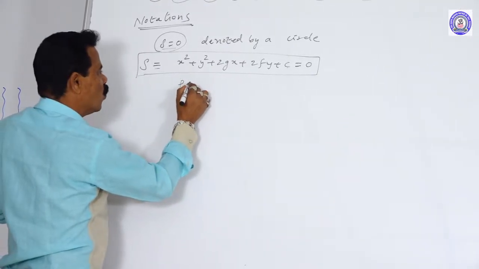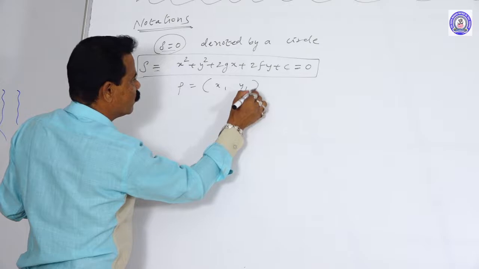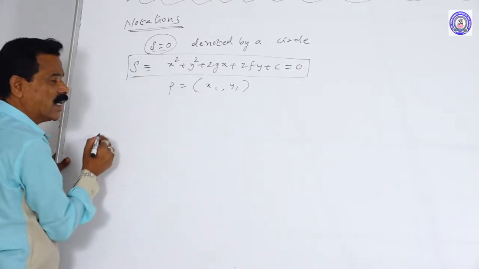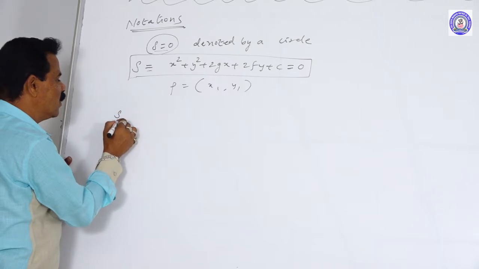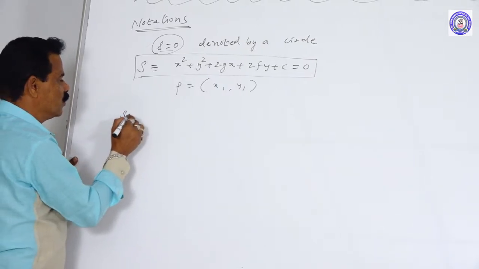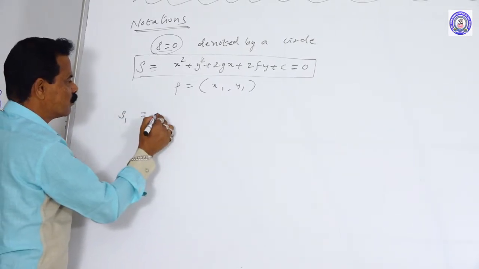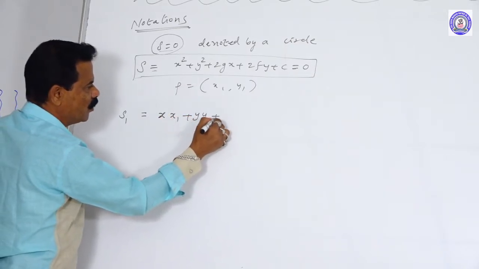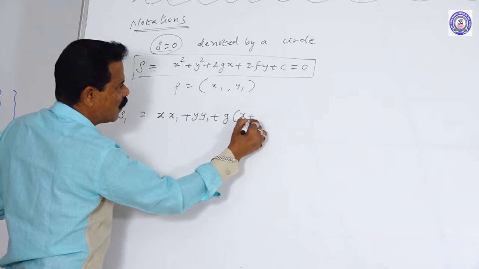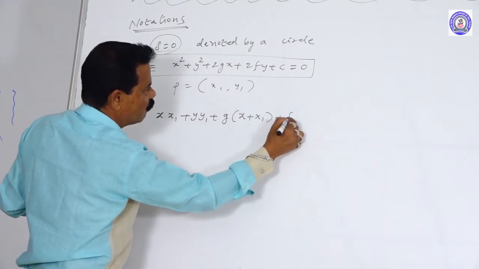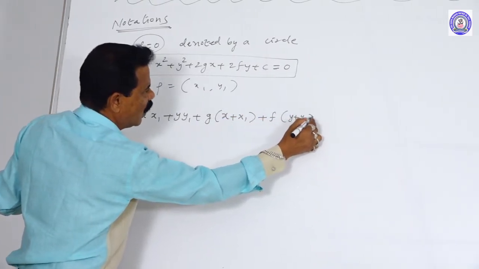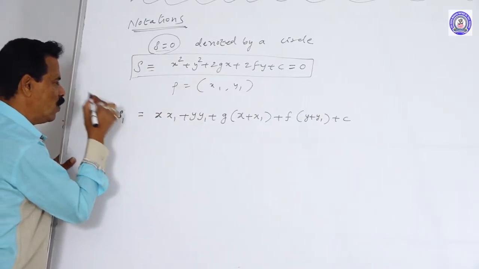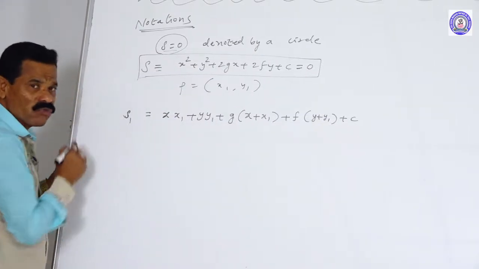So P is the point (x1, y1). This is one point. With respect to this circle, S1 is written as x·x1 + y·y1 + g(x + x1) + f(y + y1) + c. This is the representation of S1.